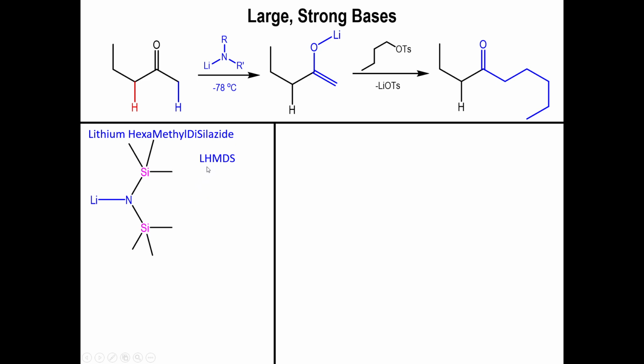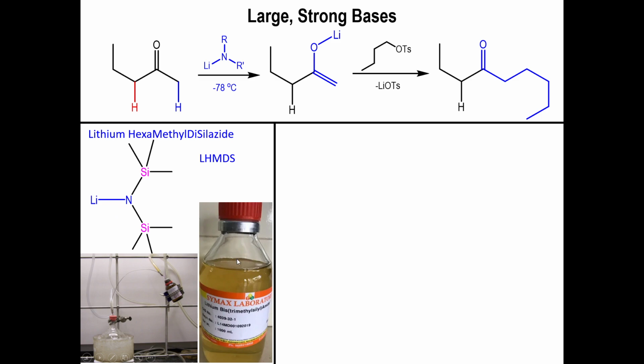This is sometimes abbreviated as LHMDS. Personally, I don't tend to use that acronym as much. I either just spell out the proper name, or I simply draw out the molecule as lithium N with two TMSs.